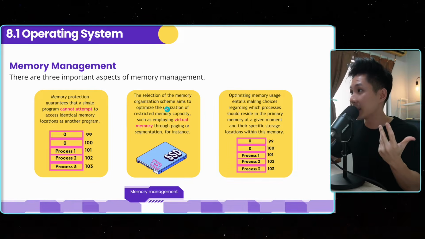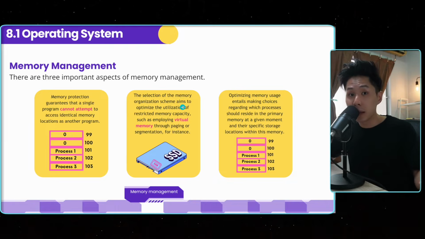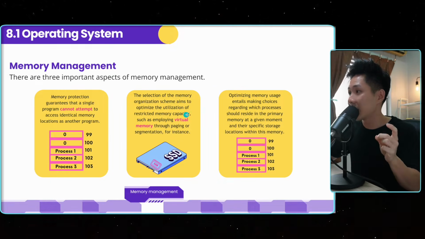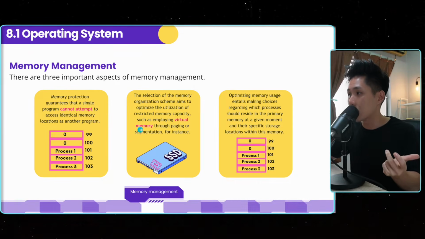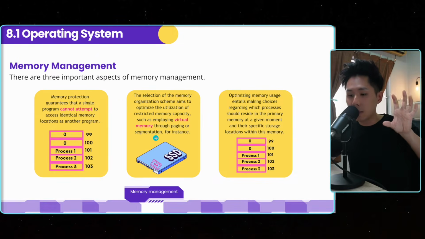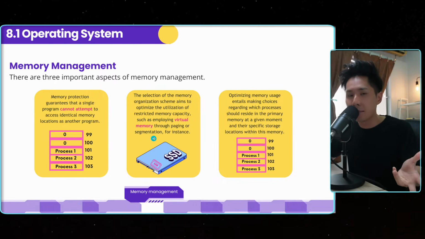And the second one is the selection of the memory organization scheme. It is also done by the operating system. It aims to optimize the utilization of restricted memory capacity, such as employing virtual memory through paging or segmentation. Basically, virtual memory is, let's say you are running many programs and you don't have enough RAM.